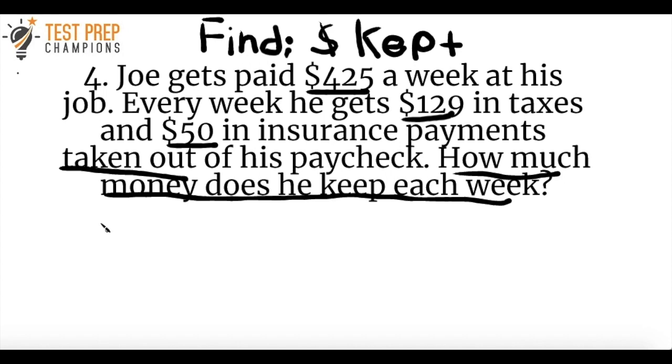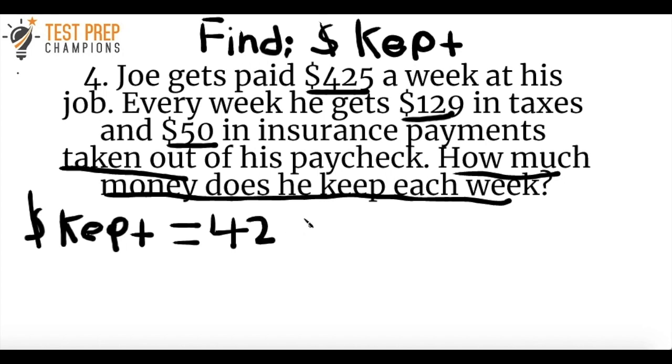So how much money does he get to keep? Well, here we can see that the amount of money that he keeps, so let me just put money that gets kept, or that he keeps. So the money kept is equal to what he gets paid. Okay, so he gets paid $425 a week. But then he's going to lose $129 in taxes.